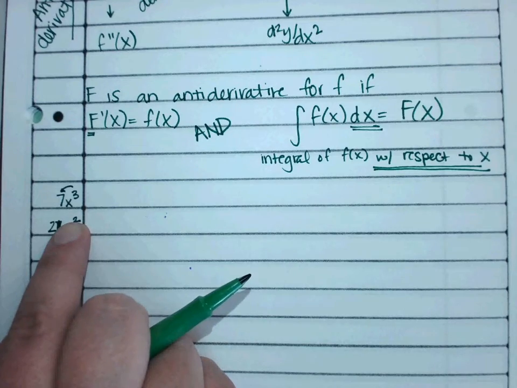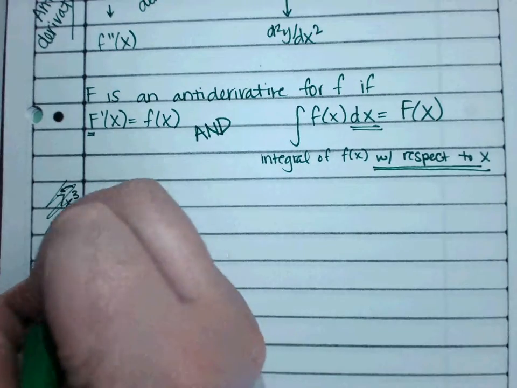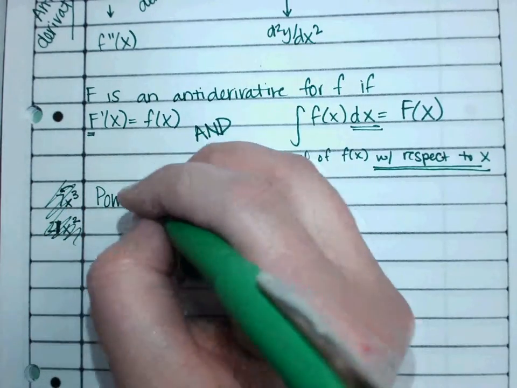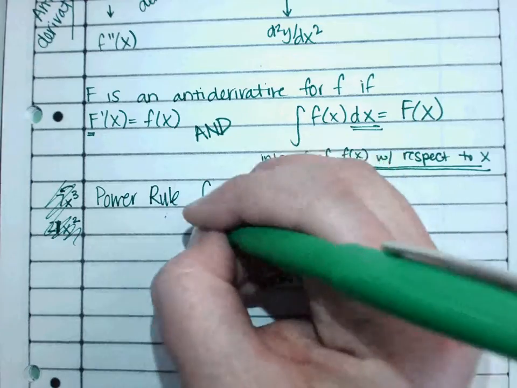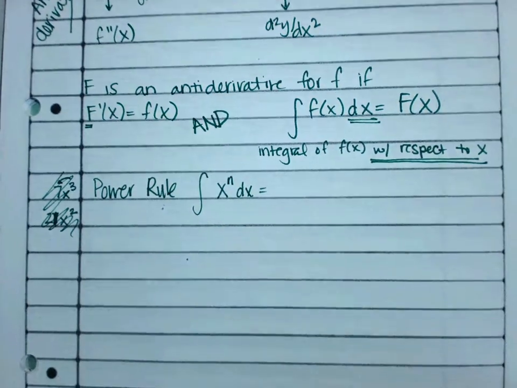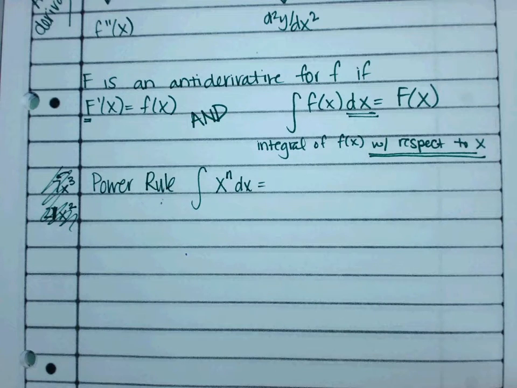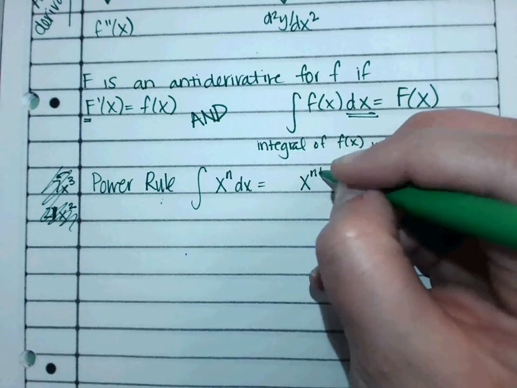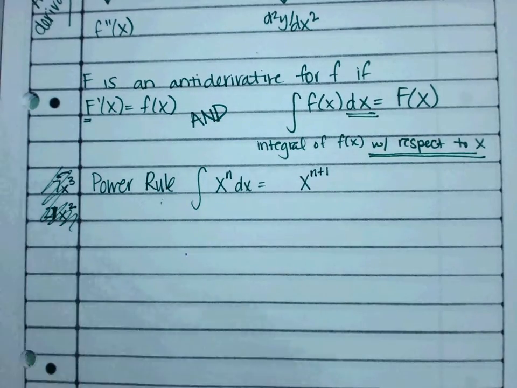Okay, so let's write out the rule for it. That was just to help you think through it. So this is the power rule. The integral of x to the n dx equals... The first thing I'm going to do is add 1 to the exponent. So instead of x to the n, it's going to be x to the n plus 1.